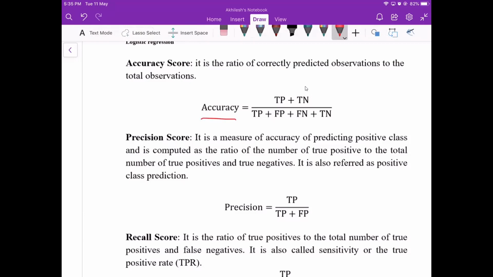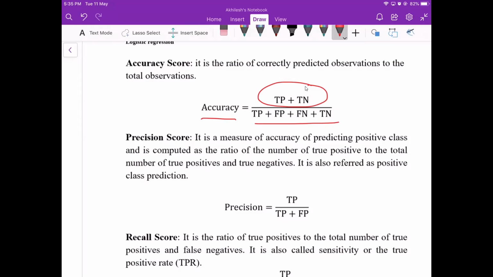Accuracy score is the sum of the true positives and true negatives divided by all instances: true positive, false positive, false negative, and true negative.